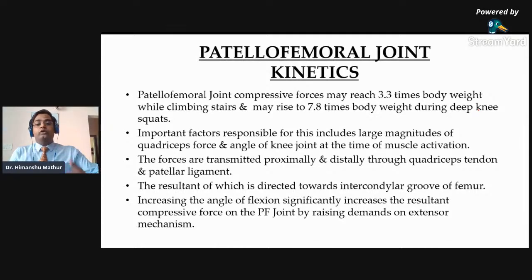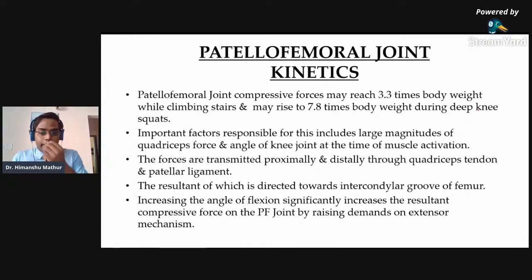So we try to employ all those techniques, all those strategies which eventually reduce the compressive loading between the articular surfaces. So here we are trying to know which are those positions that eventually increase the joint reaction force and the compressive load between the articular surfaces of the patella and femur.